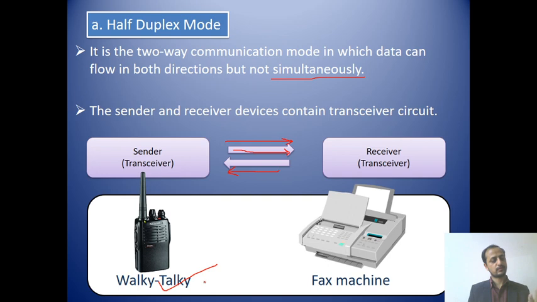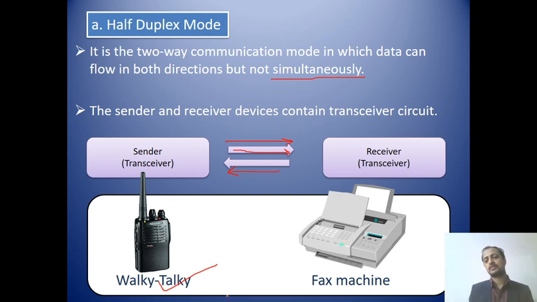First, one will speak and the other will receive, and in turn the other will speak and the first one will listen. If they try to speak at the same time or listen at the same time, the communication process will stop. The communication cannot proceed.